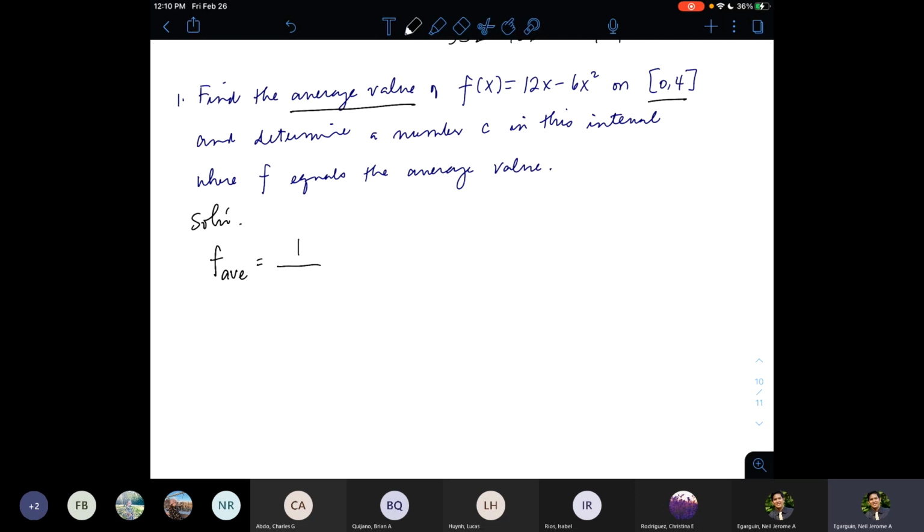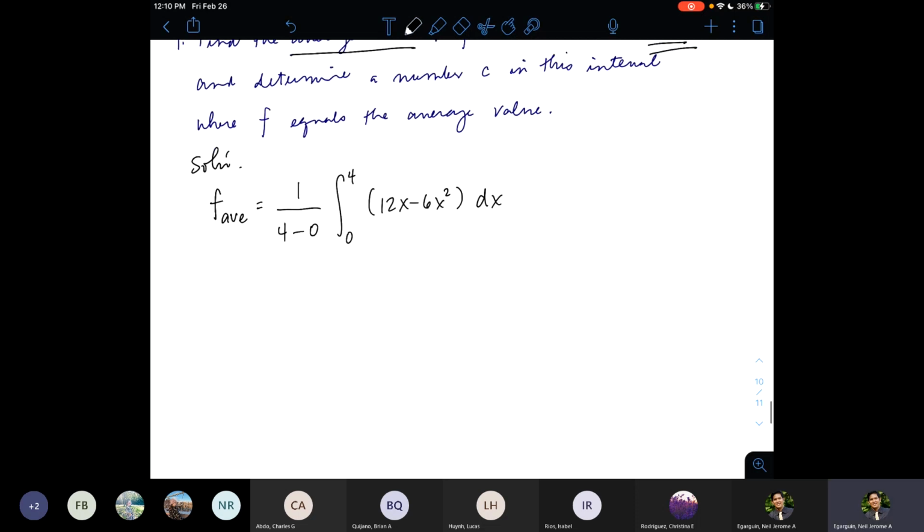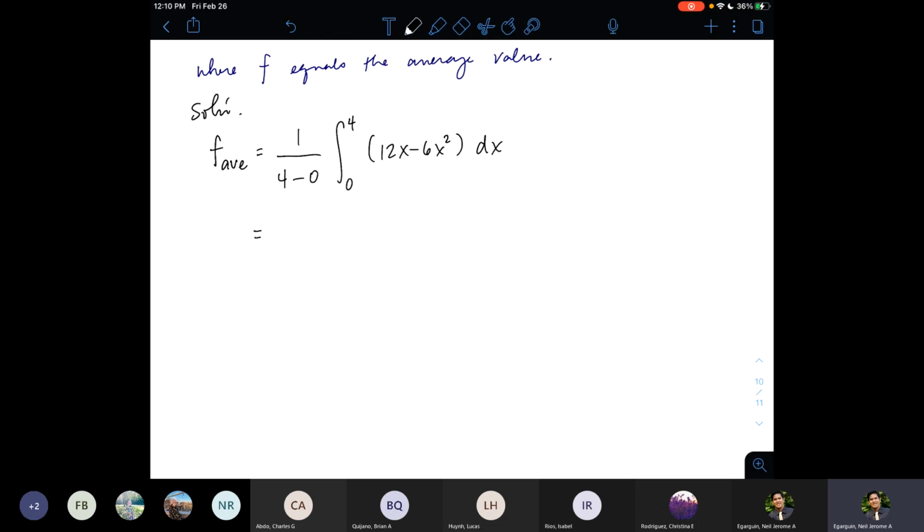In our case, we have the interval 0 to 4. So b is 4, a is 0, and then the integral from a to b of f of x dx. But the function f is given to be 12x minus 6x squared. Good. And once we evaluate this, that will give us the average value.